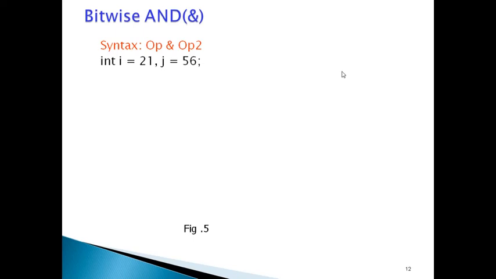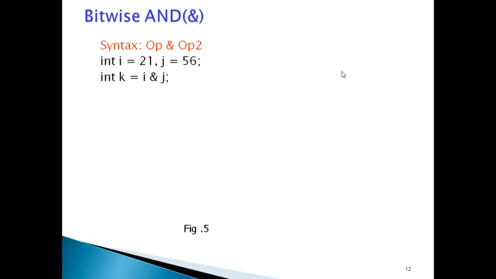The syntax is operand 1 & operand 2. We'll see one example. int i = 21, j = 56. Two variables are declared and these values are initialized.